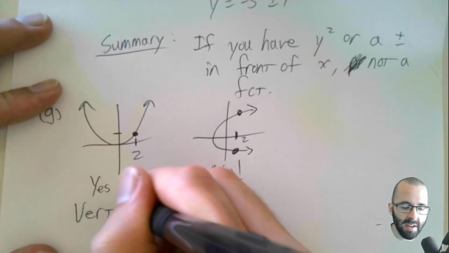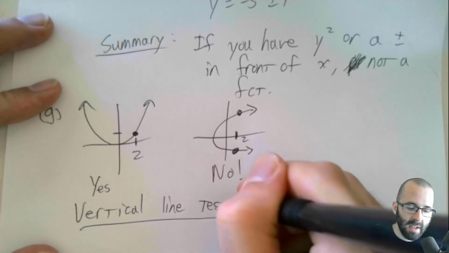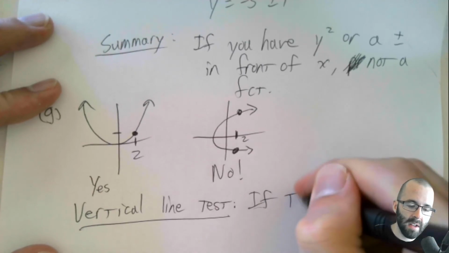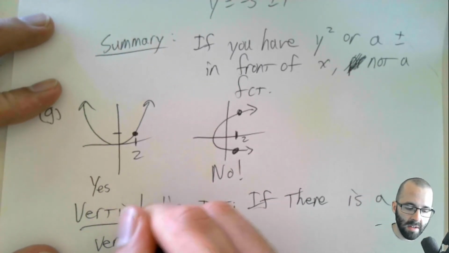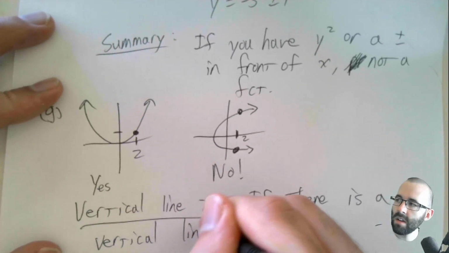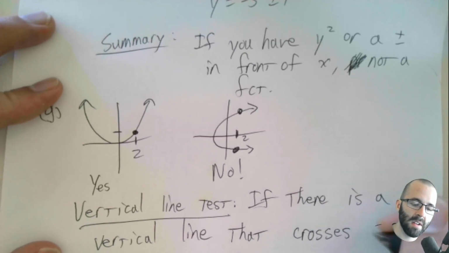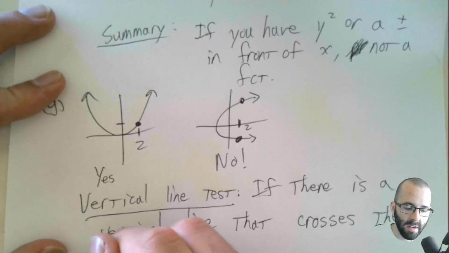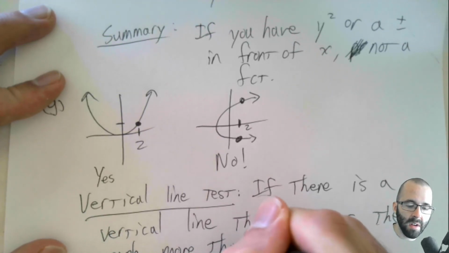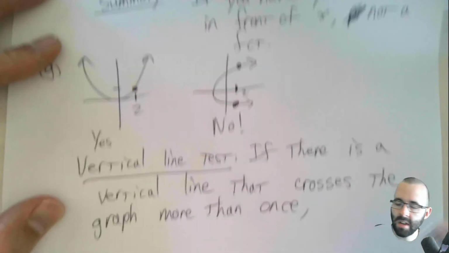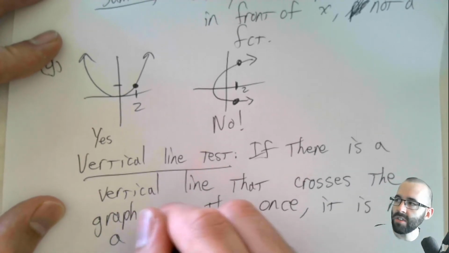In general, with the vertical line test, if there is a vertical line that crosses the graph more than once, it is not a function.